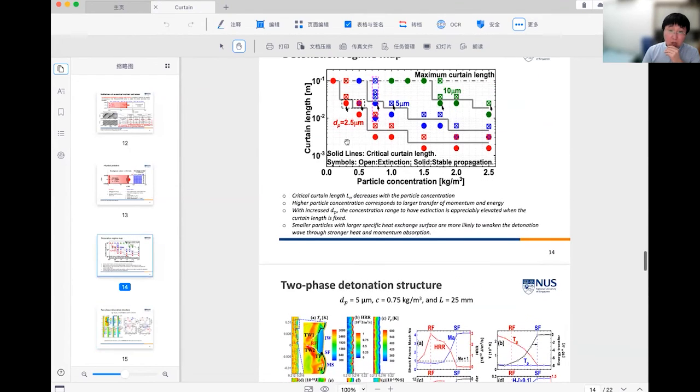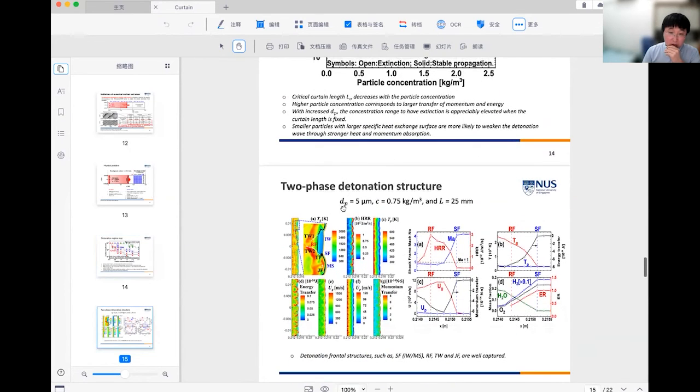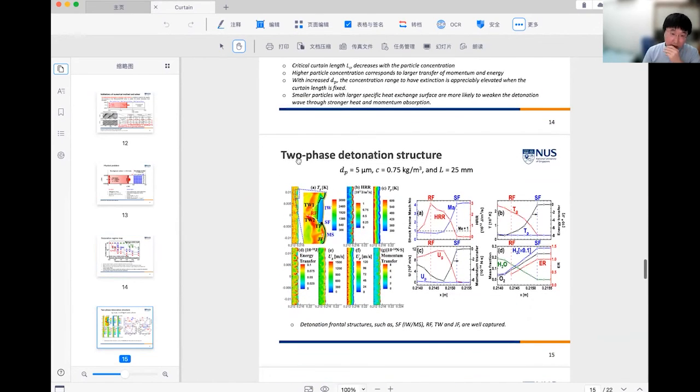So we select one case. I think we believe it is the most important case to illustrate the two-phase detonation structure. The left figure shows the gas temperature, heat release rate, particle temperature, and their energy transfer, gas velocity, particle velocity, and their momentum transfer.